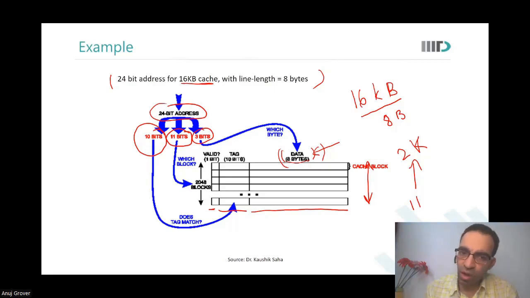When the tag is fetched, you compare the 10 address bits of the incoming data and whatever was stored inside the memory. If they match, you say this is the data corresponding to that 24-bit address. If they do not match, you say I have a miss.